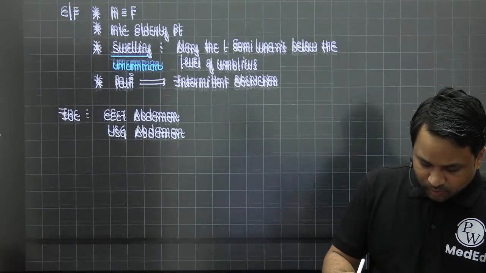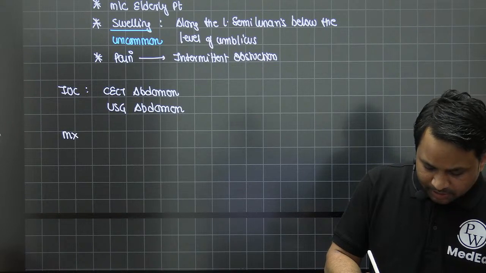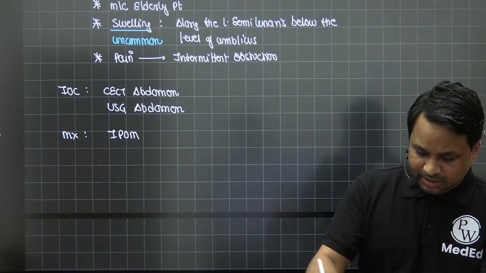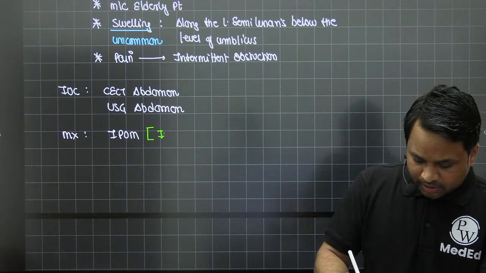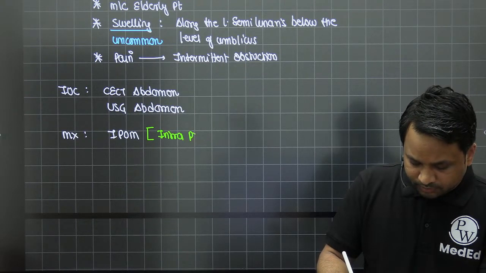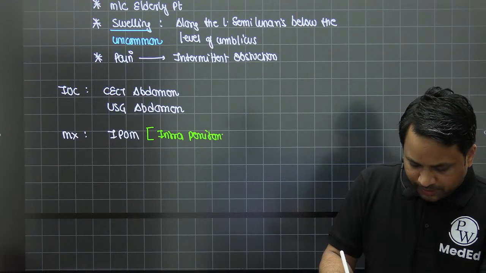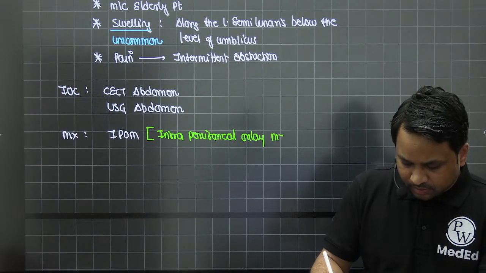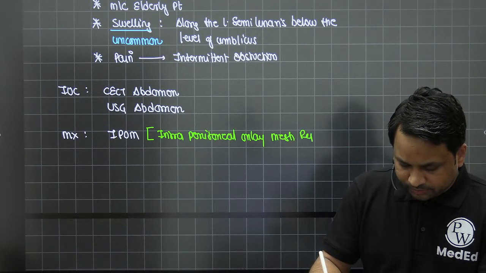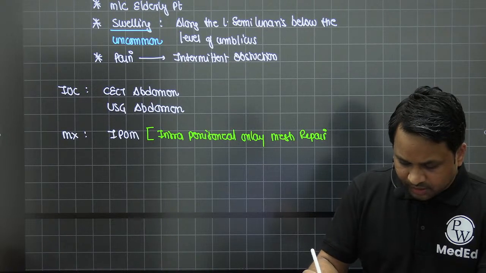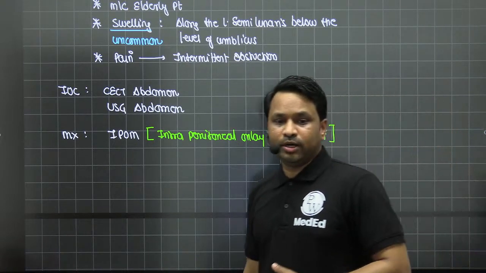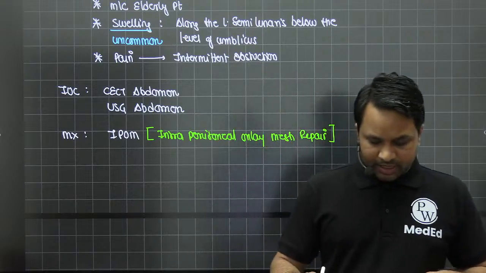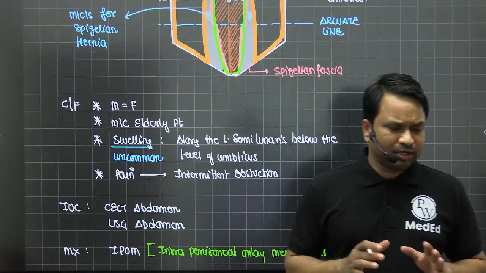But if I ask what the management is, the management here is going to be IPOM, which we discussed in yesterday's lecture, that is intraperitoneal onlay mesh repair. So this is all in the context of Spigelian hernia.